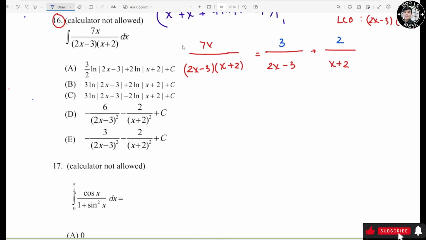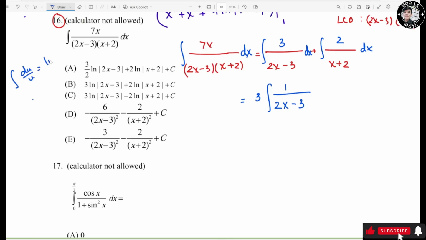Now we're going to take the antiderivative of both sides. 3 times the antiderivative of 1 over 2s minus 3. The antiderivative of du over u equals the absolute value of u plus c, right? Make sure this guy must be the same. Now the bottom is 2s minus 3.